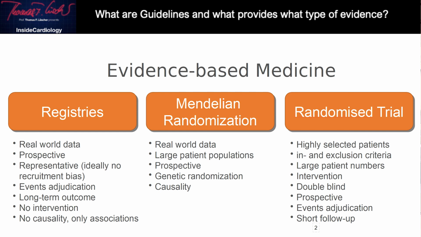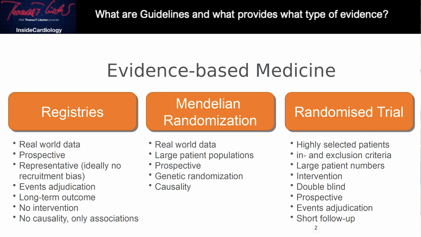Mendelian randomization is an experiment of nature, and here, instead of a drug, we have a genetic mutation, usually a missense mutation that gets rid of a certain gene, and we compare those with a variant that's dysfunctional to the so-called wild type, and we get causality, but we need huge registries.